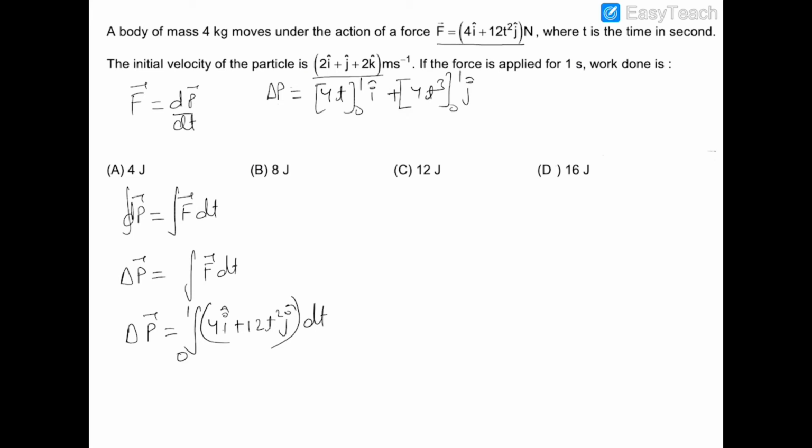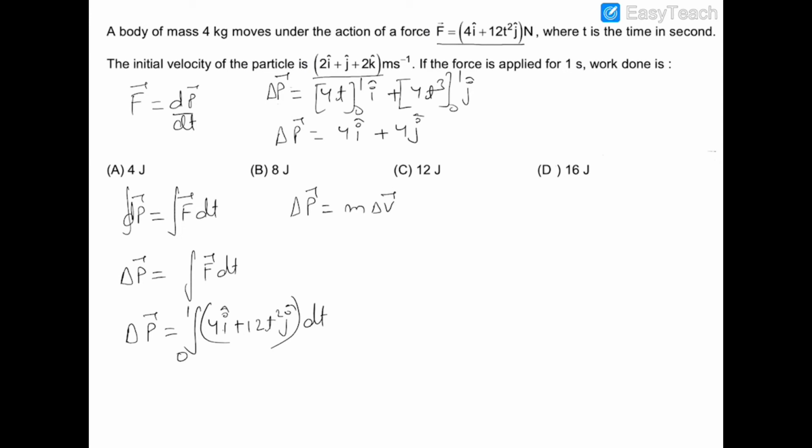Here the integration of 12 t square will be 12 t cube by 3, and 12 will cancel out with 3, remaining 4, and therefore delta P will be 4 i cap plus 4 j cap. Now this is the change in momentum. Obviously we know that delta P is also equal to m delta V.